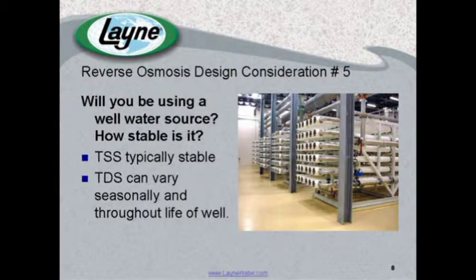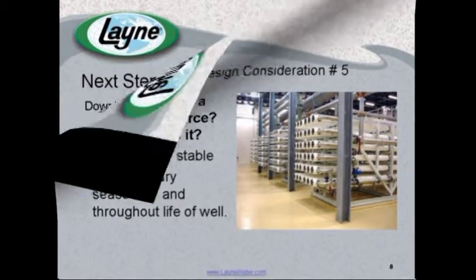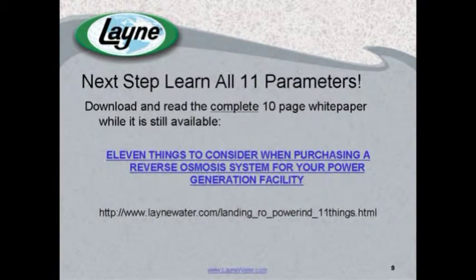So do you have enough of a baseline to feel confident that the reverse osmosis design and its associated pre-treatment and post-treatment, that combination is sufficient to be able to handle all of the varying water conditions that your plant may see?